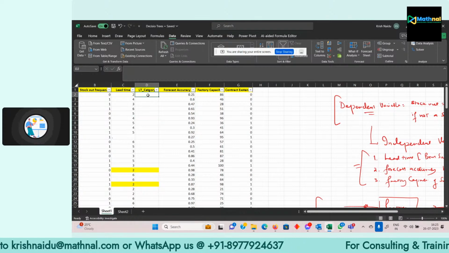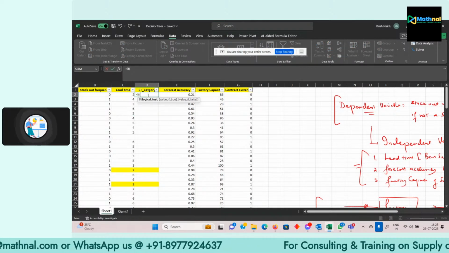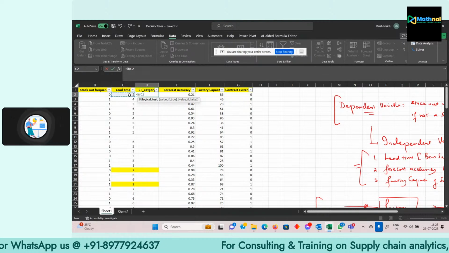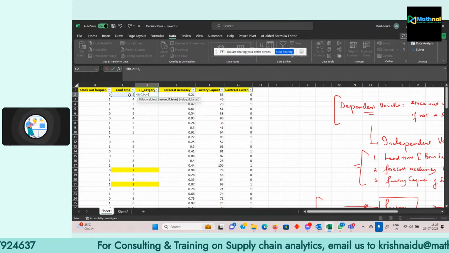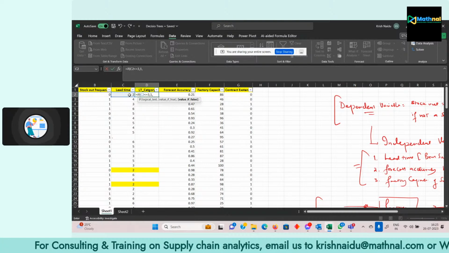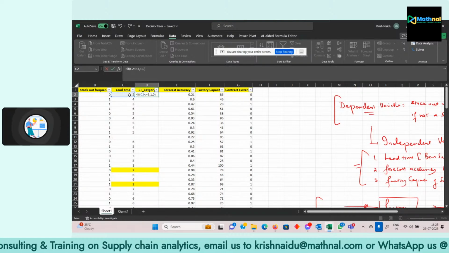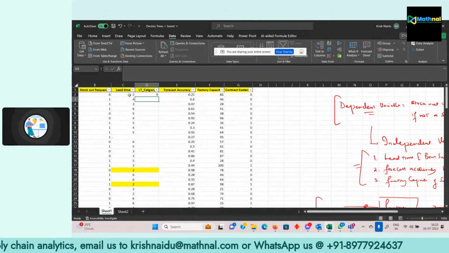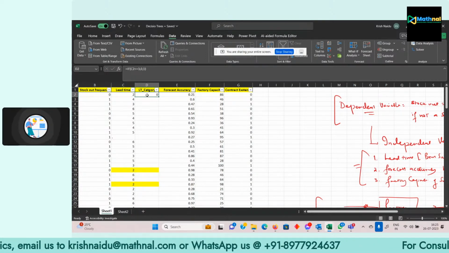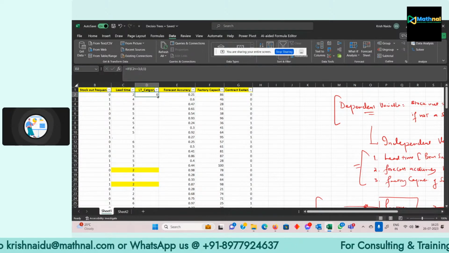If my lead time is less than or equal to 3, let's say I'll mark it 0, otherwise 1. Here the lead time is less than or equal to 3, that's why it is 0.